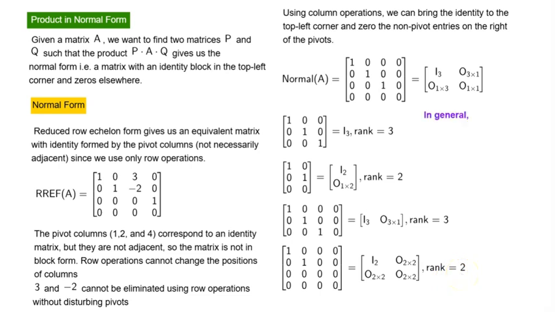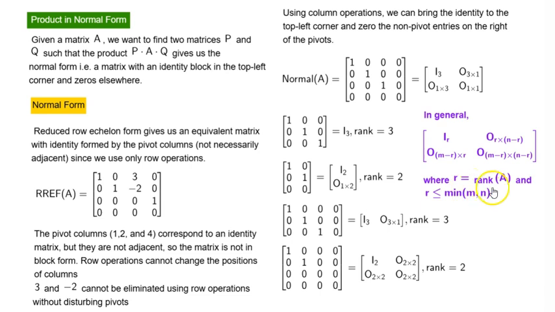So in general, we can write the block form of the normal form of a matrix as I sub r, O sub r times n minus r, O sub m minus r times r, O sub m minus r times n minus r, where r is the rank of A and r is always less than or equal to the lower of m and n.